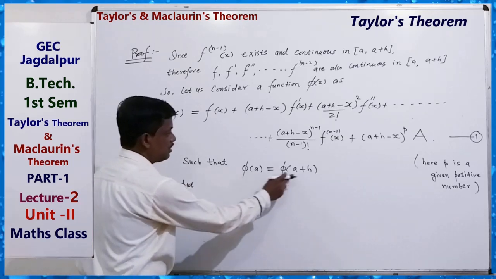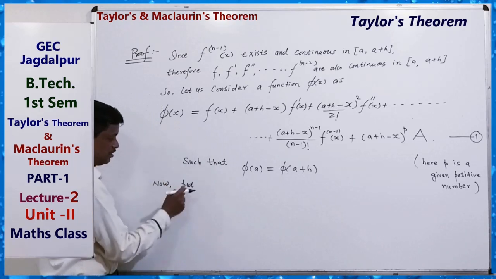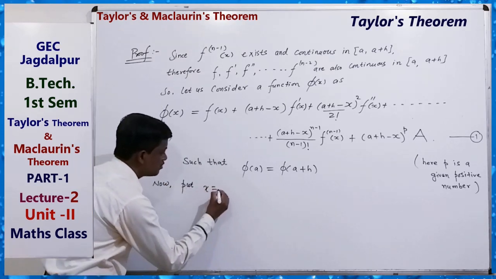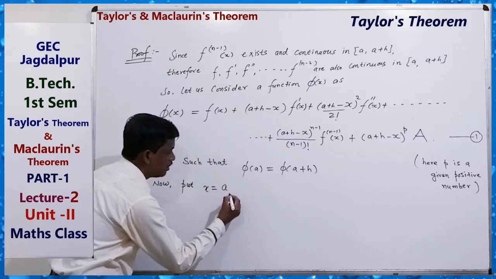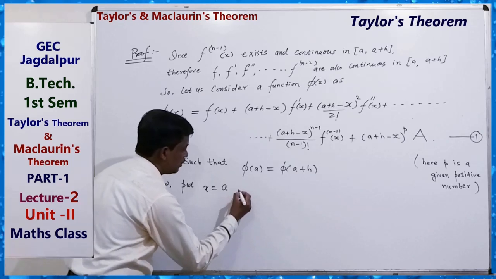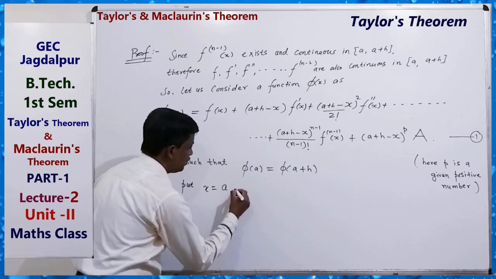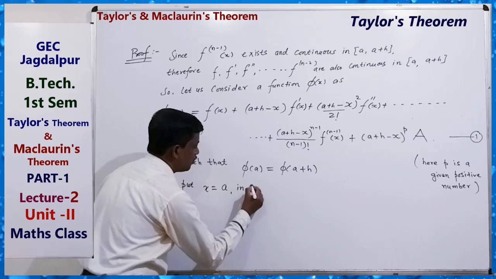Now for getting phi a from this function, put x equals to a in equation 1.